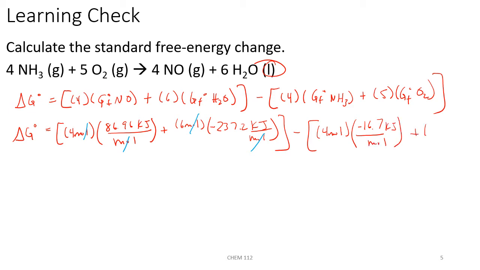Plus, lastly, we have 5 moles. And for O2, since that is how oxygen appears in its most stable standard state, the G sub F for O2 is going to be 0 kilojoules per mole.